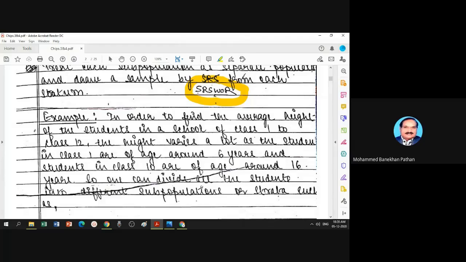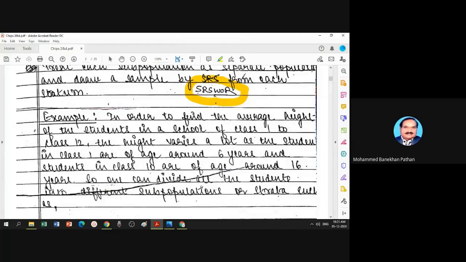Once you divide the heterogeneous population into homogeneous groups, then again we go by the previous chapters, simple random sampling without replacement. Under stratified random sampling, the with replacement method is not allowed. We use only simple random sampling without replacement.